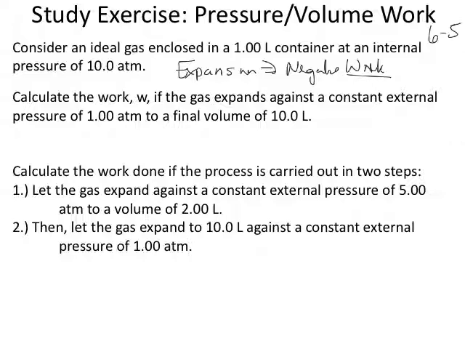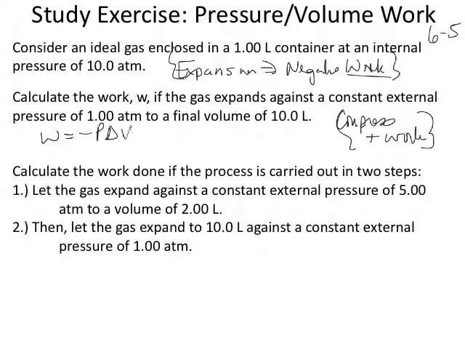So the system is doing negative work because it's losing energy, heat to the surroundings. If your gas is compressing, this is going to be a positive work. You need to know those terms and understand. Okay, so basically you're using W equals negative P delta V.